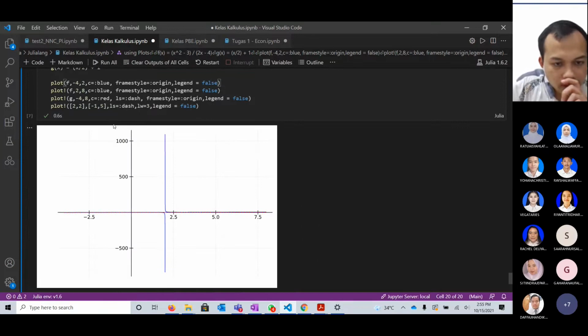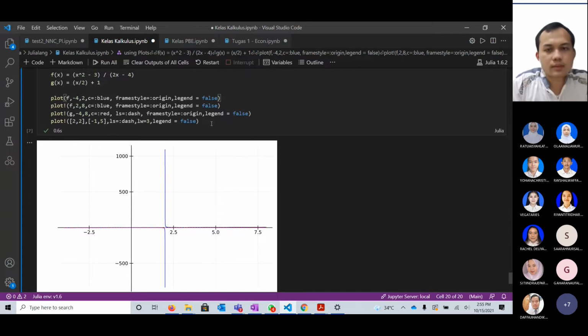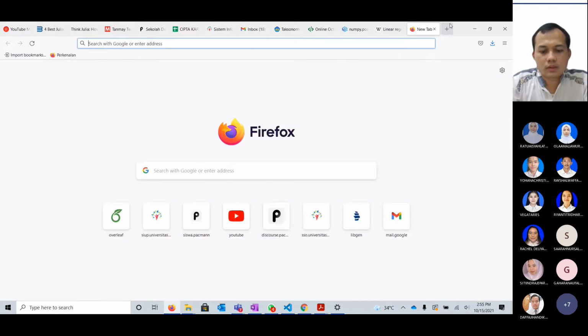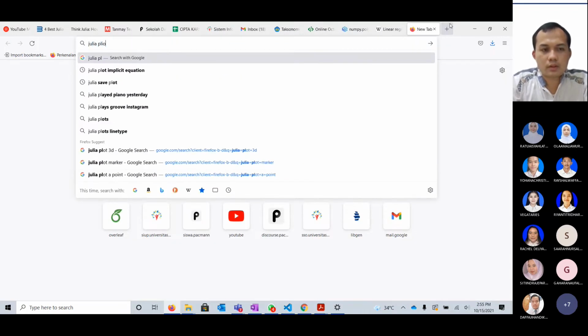Actually we have this plot, and it turns out that this is to Julia plot axis.